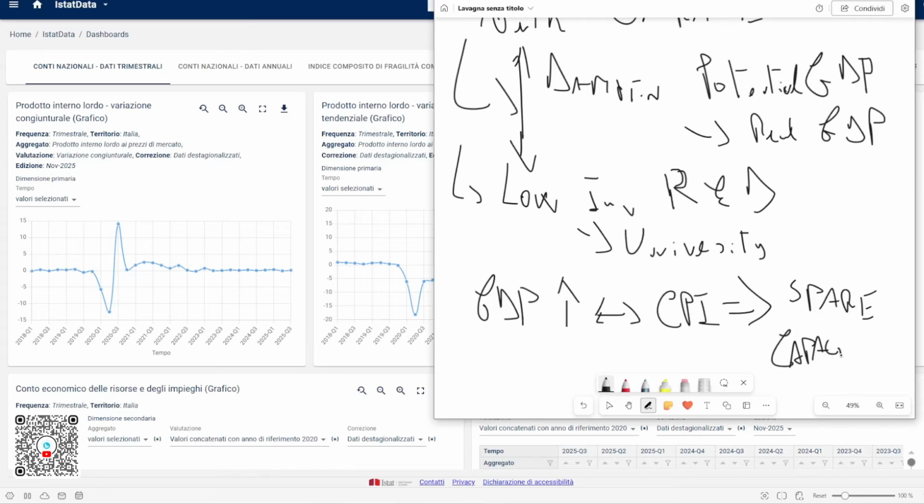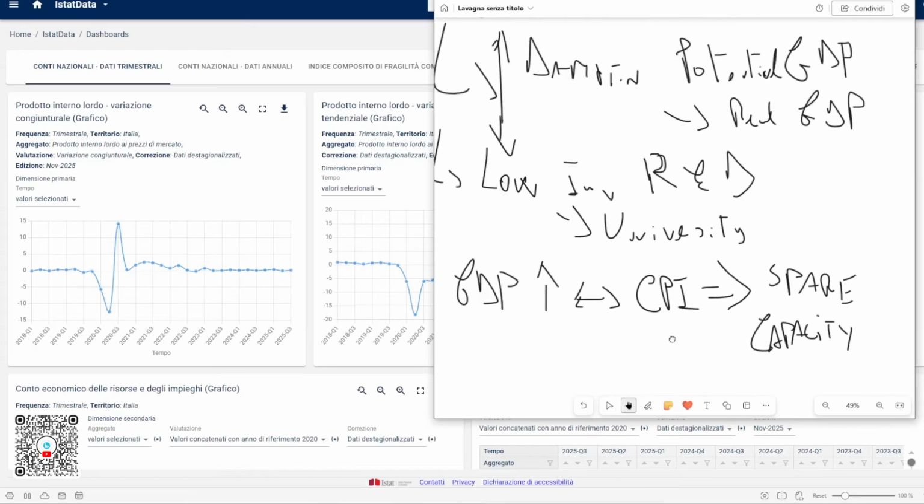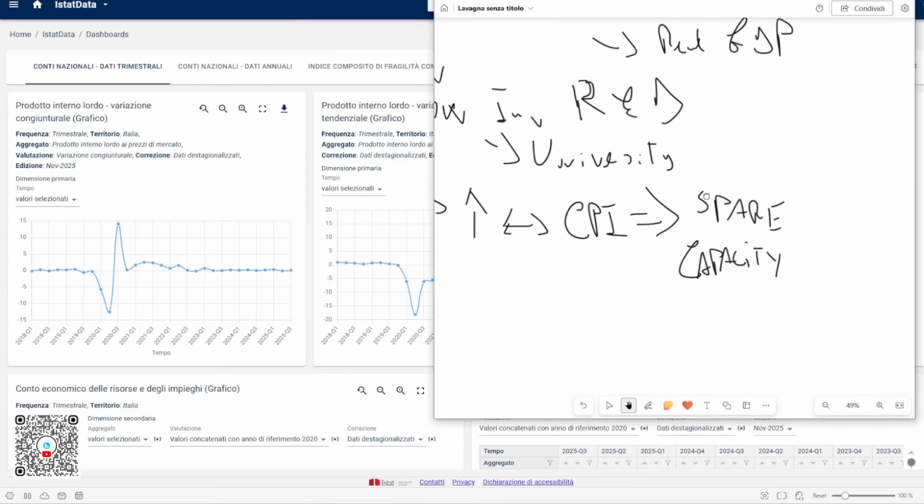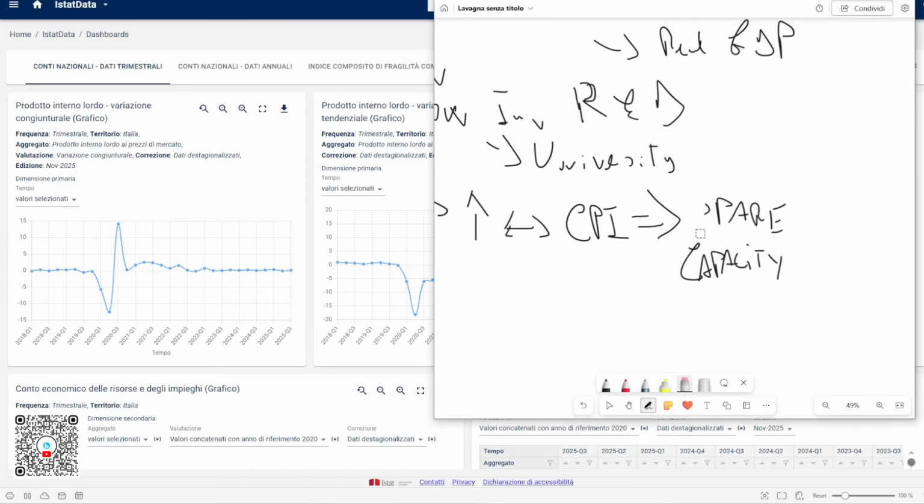So it means that there is still R&D available that is not utilized. You have underutilization. Let's not use spare. I think it's more precise to say that you have underutilized capacity in the economy.